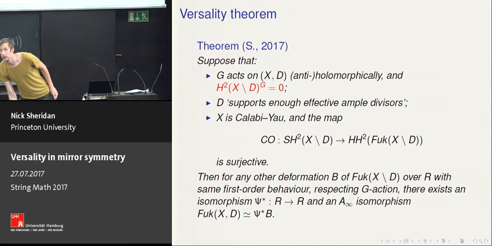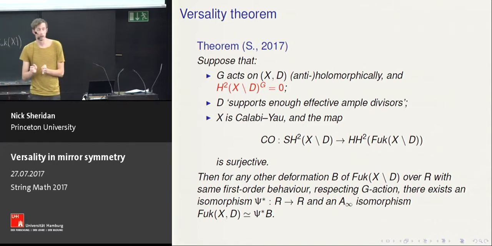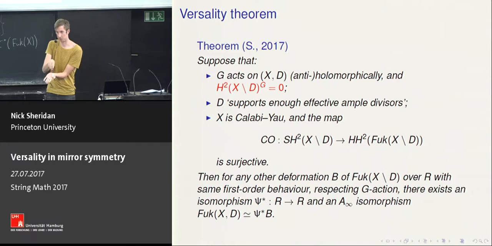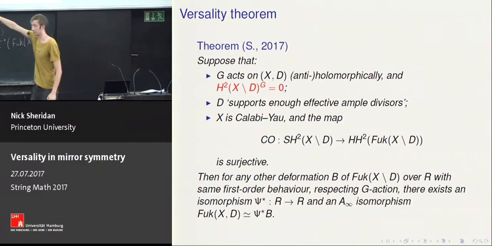It's analogous to this result I said at the start that says there's some space of non-trivial deformations, but the space is smooth, and the Fukaya category realizes all of those formal deformations of the category. So if we have some other space of deformations, some kind of inverse function theorem says that that other space is related by an isomorphism psi like this.